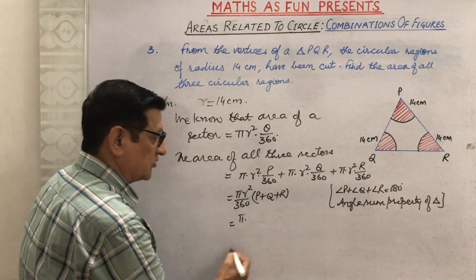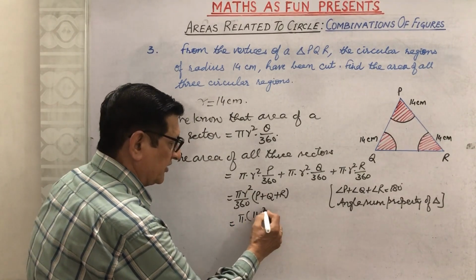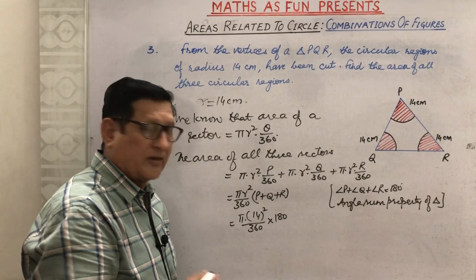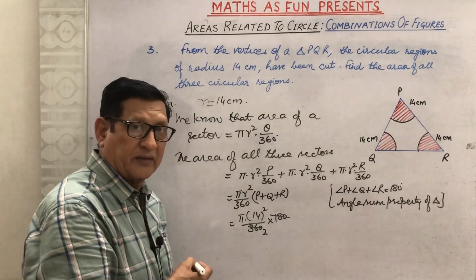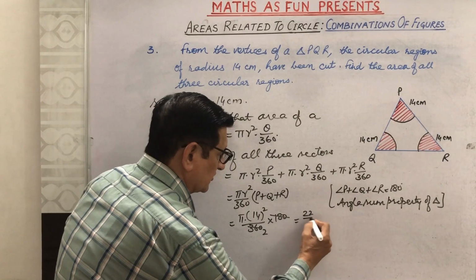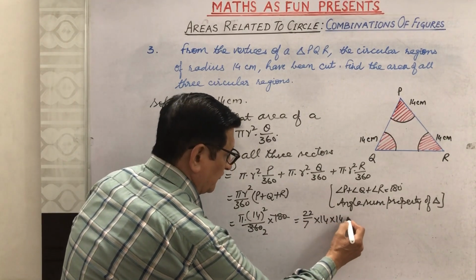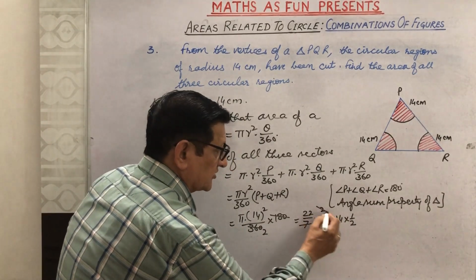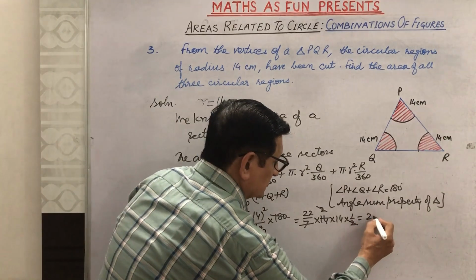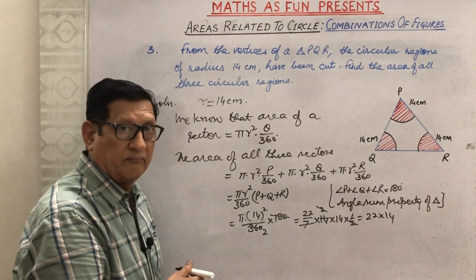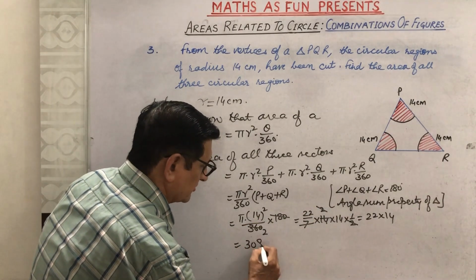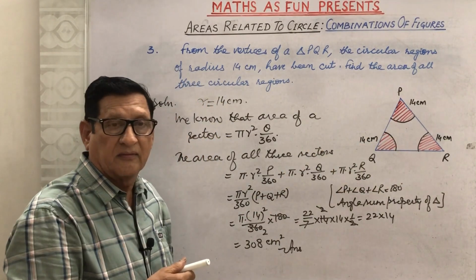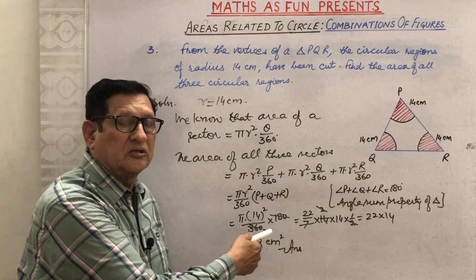This will give us pi into 14 square upon 360 into 180. 180 cancels this twice and we substitute the value of pi, that is 22 by 7 into 14 into 14 into 1 by 2. 7 cancels this twice and this 2 cancels this 2. So this comes as 22 into 14. 22 into 14 is 308. It means the total area of all these three sectors is 308 centimeters square.